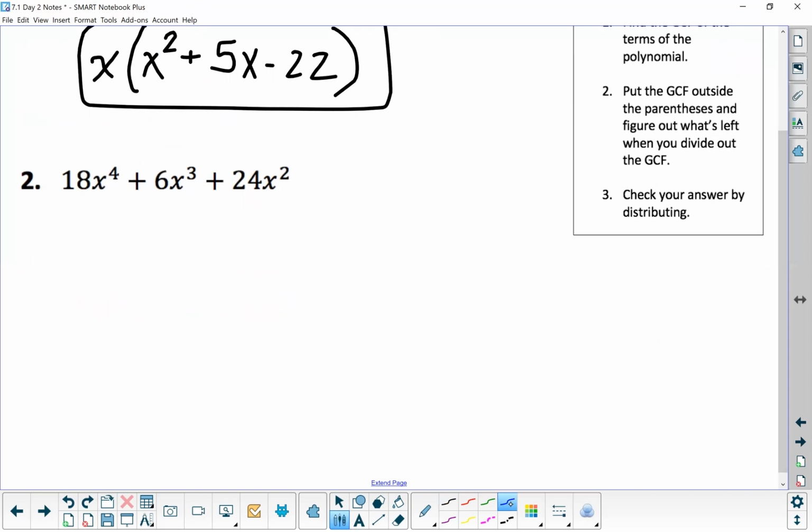Example 2. Is there going to be a variable part for our greatest common factor? Are there variables in every term?